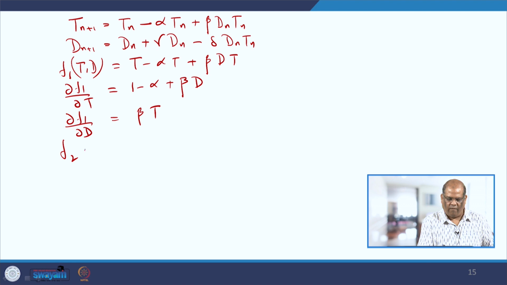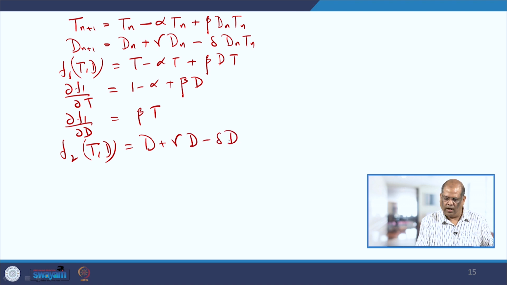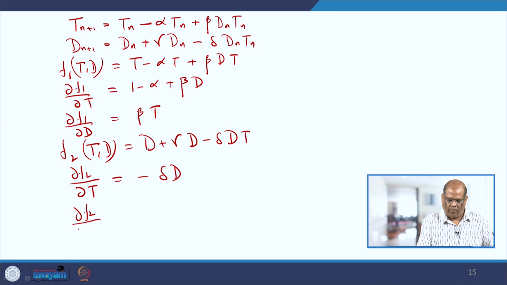And I put F2 of T, D is equal to D plus gamma D minus delta D T. So del F2 del T will be minus delta d, and del F2 del D is 1 plus gamma minus delta t.